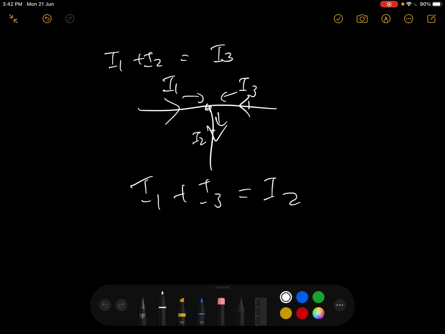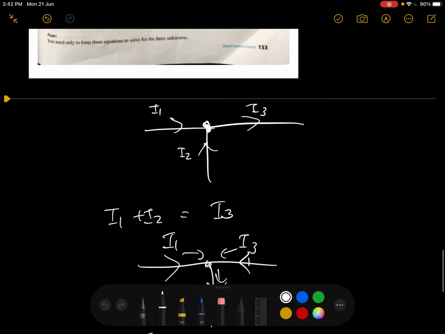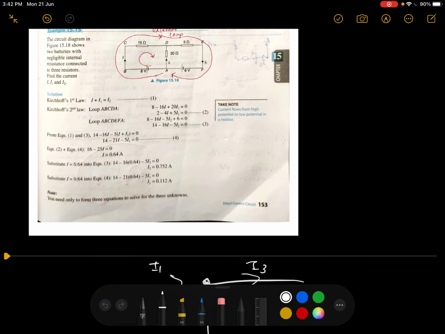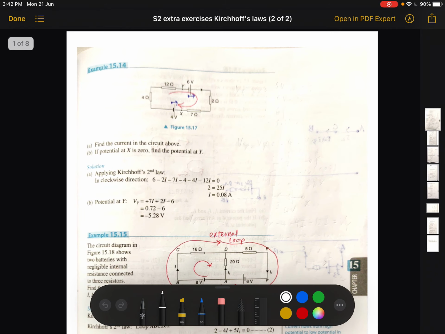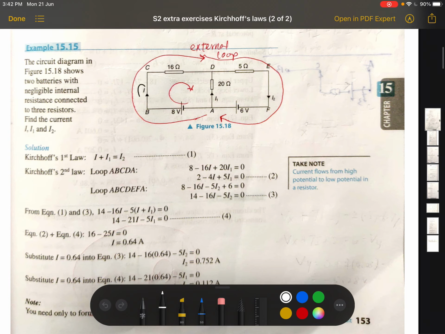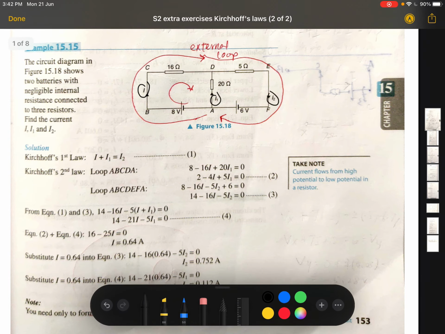Normally you'll be able to find these currents because the question should give them to you. For example, this one. This whole thing is I, this whole thing is I2, and this whole thing is I1. So how do I know the equation?